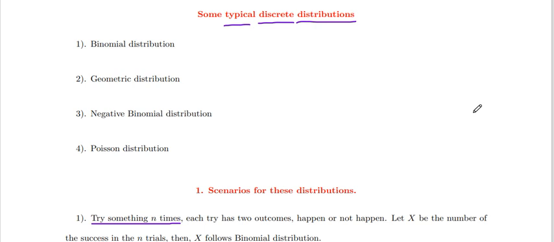If the first time fails, then try a second time, then try a third time, like that. Okay, so we count how many times you need to shoot in order to hit the target.